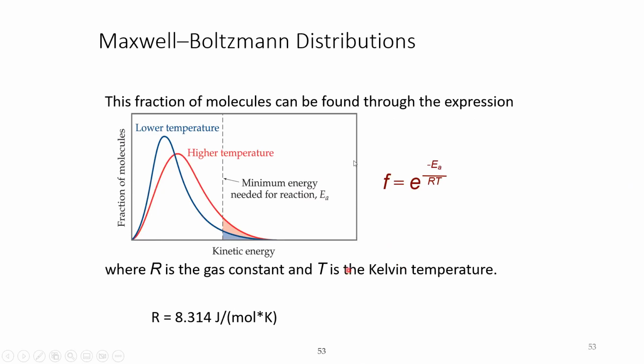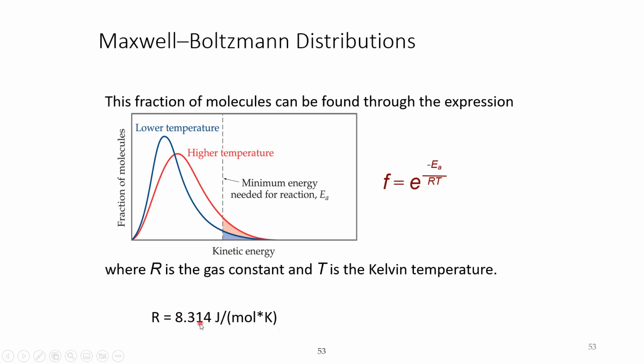And then in terms of actually calculating how many of those molecules are going to have a sufficient amount of energy, we've just got this equation here where EA on top is the activation energy, R is the gas constant, and T is the temperature in Kelvin. And a couple things to point out with this is the R value. So remember, we can have a whole bunch of different units on the R constant.